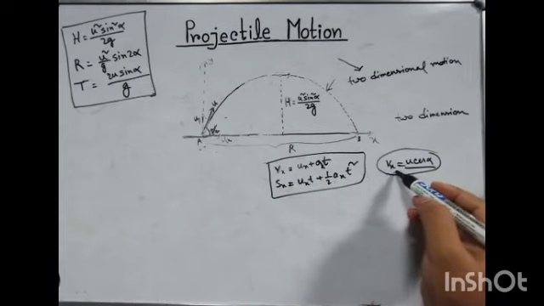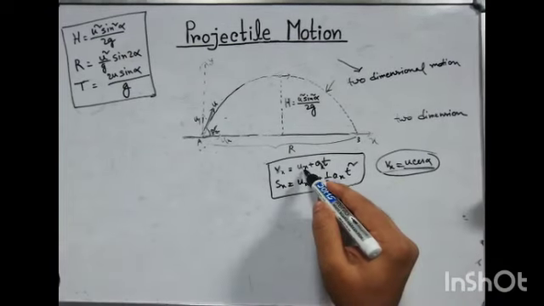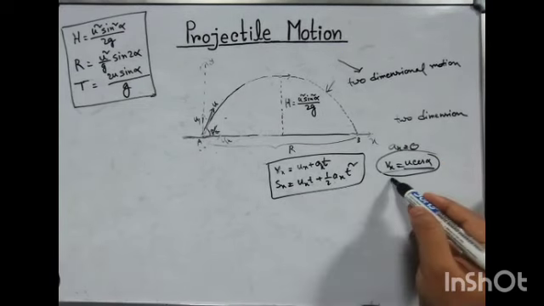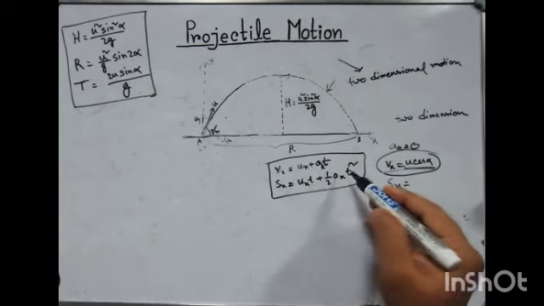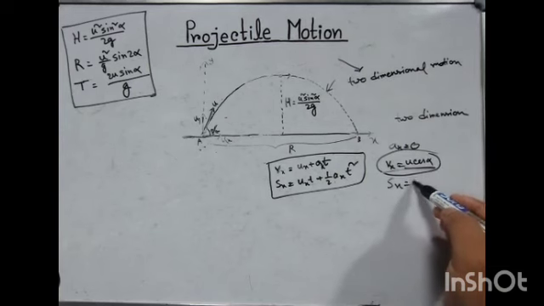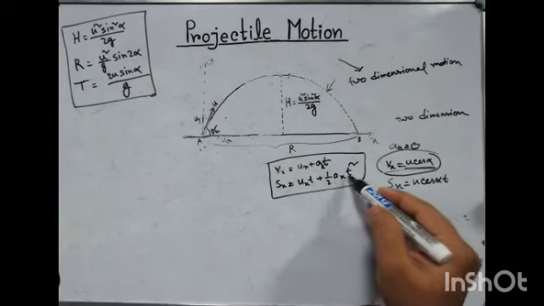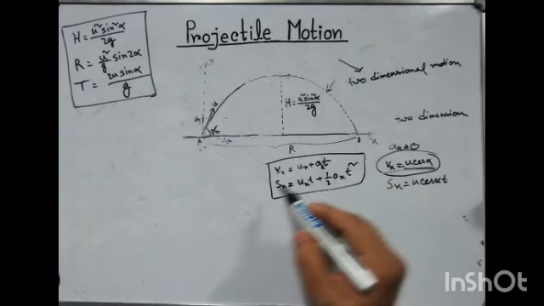So from here you can see Vx equal to u cos alpha, ax equal to 0, and Sx will be ux into t, that is u cos alpha into t, and the half ax t square term is 0, so this term will vanish.